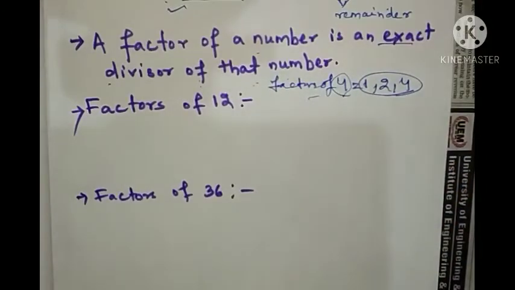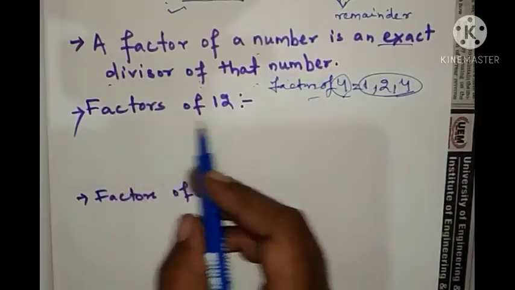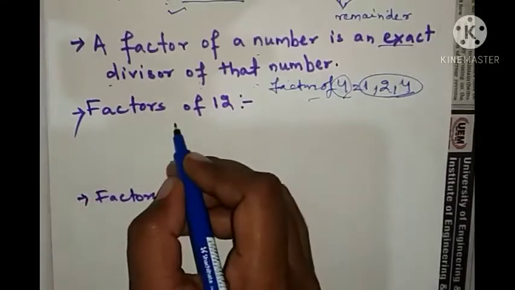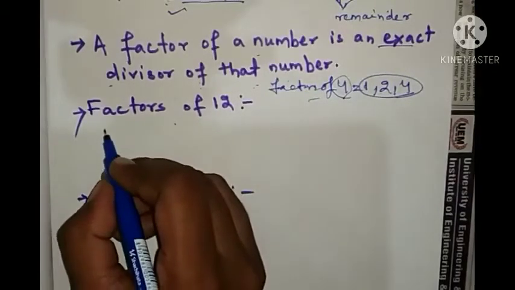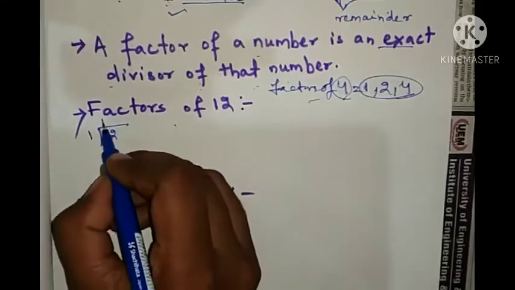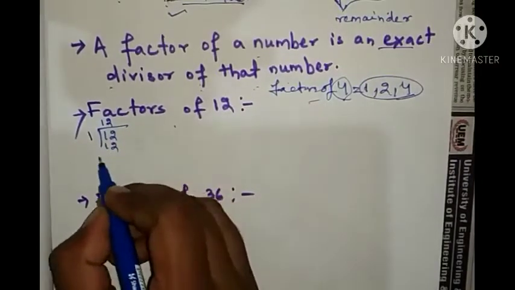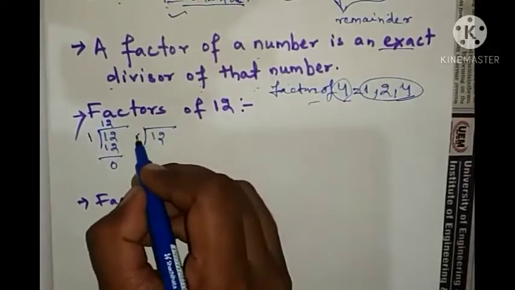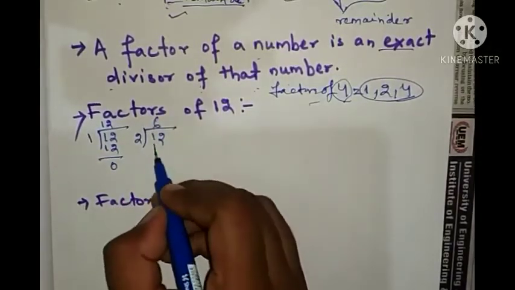Like that we can find the exact divisors of 12, meaning the factors of 12. How can we find them? We can divide 12 by 1. What are we getting? 1 twelves are 12, 0. Then divide 12 by 2. 2 sixes are 12.